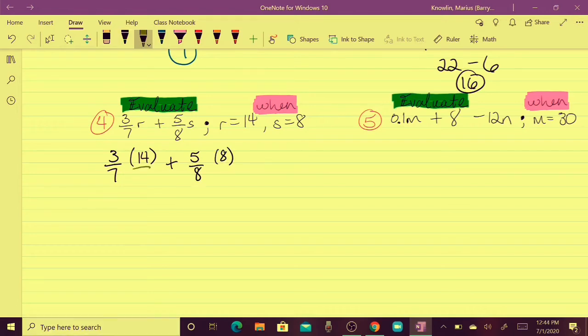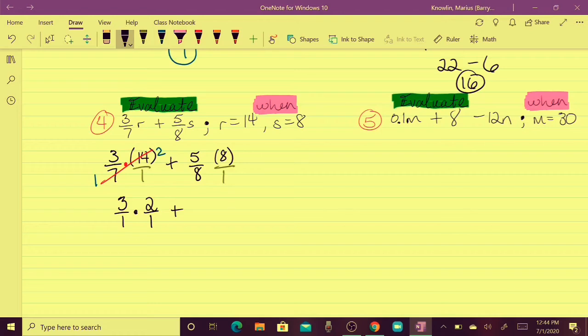Now we're going to rewrite these and make sure we write them like fractions. For the first one, 3/7 times 14 over 1. We know that 7 goes into 7 and 14. 7 goes into 7 once, and it goes into 14 twice. So when I rewrite this, this is going to be 3 divided by 1 times 2 divided by 1 plus.